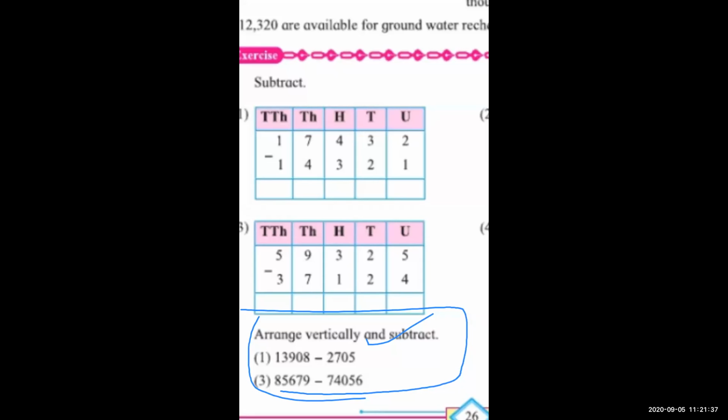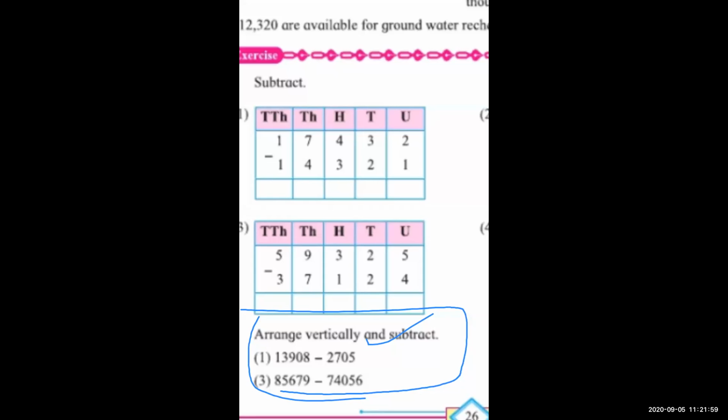Subtract properly. Adarsh, beta, your answer is also wrong. 11,204 is the wrong answer.